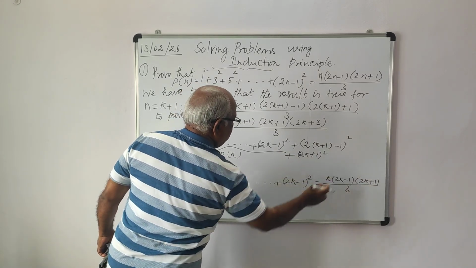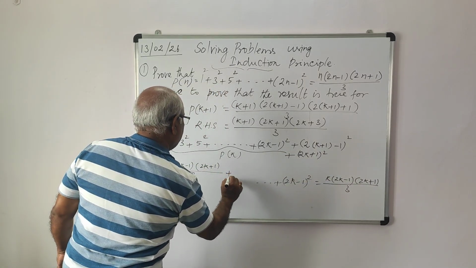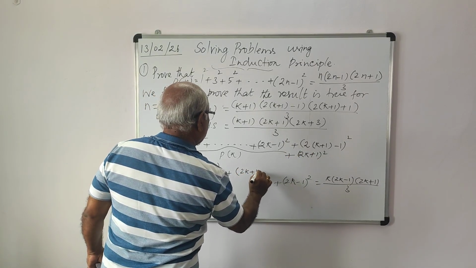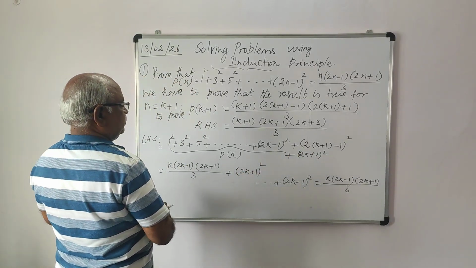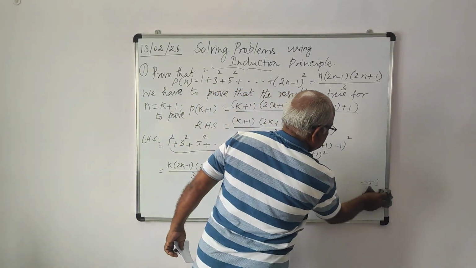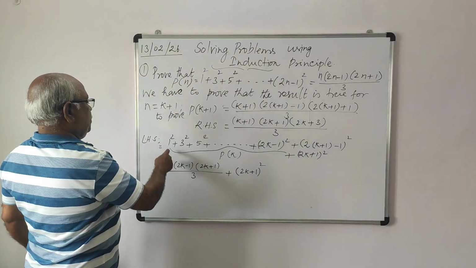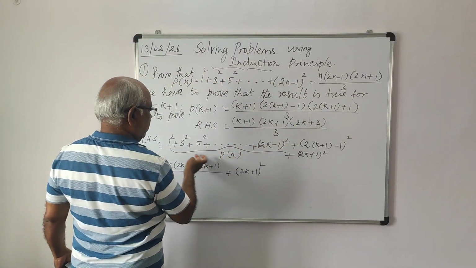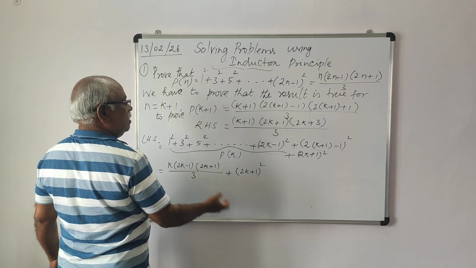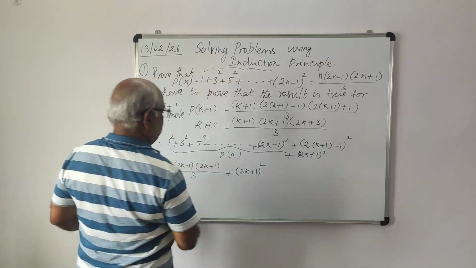So k into (2k minus 1) into (2k plus 1) by 3 plus (2k plus 1) whole square. That's the left hand side. Up to 2k minus 1 the P of k result you know, plus this term becomes (2k plus 1) square.